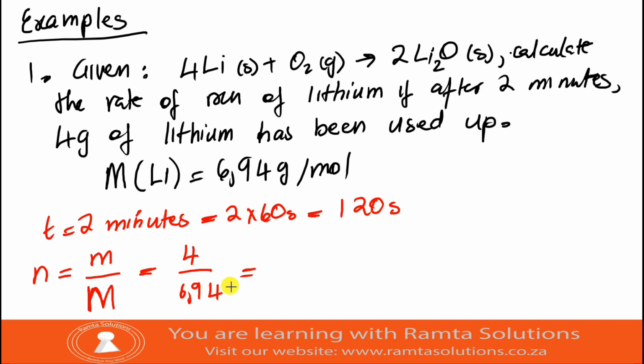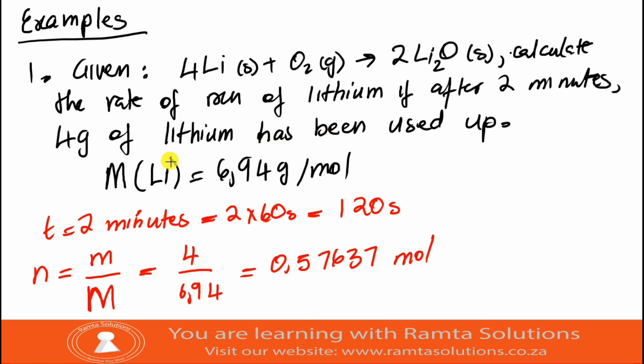So what is 4 divided by 6.94? I will leave it to 5 decimal places for now, because I don't want rounding errors. So I'm just going to say 0.57637 moles.